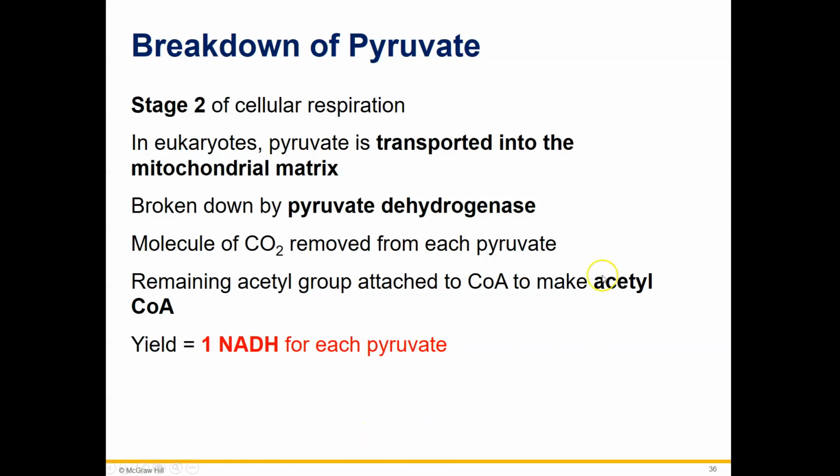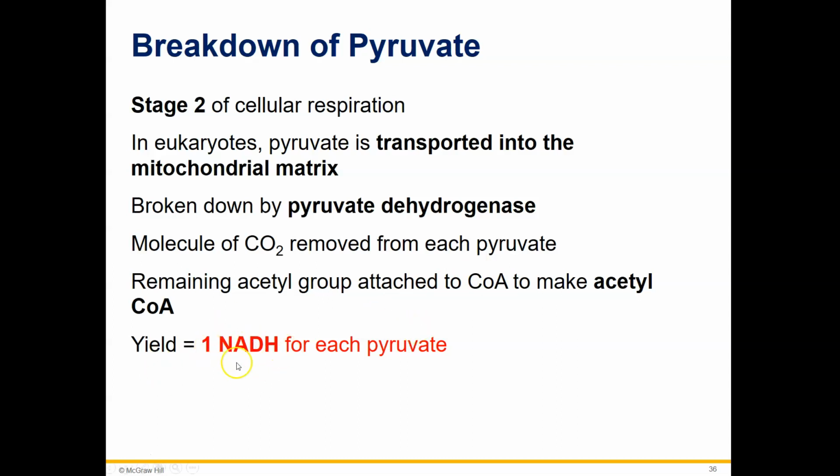And again, anytime you hear the word ase, you should be thinking that this is going to be an enzyme. What we're going to liberate in this process is a CO2 molecule, and the remaining byproduct is going to be something known as acetyl-CoA, and that's going to be attached to something called coenzyme A temporarily, and then that will enter into the Krebs cycle.